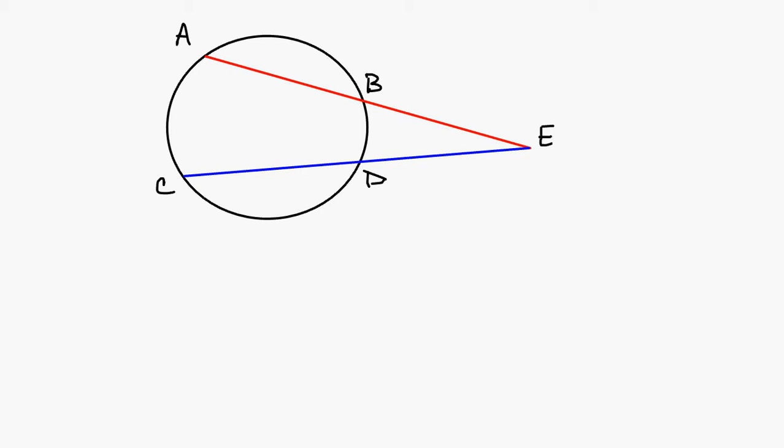It's basically the products of each of the pieces are equal. So AB times BE is equal to what? CD times DE.